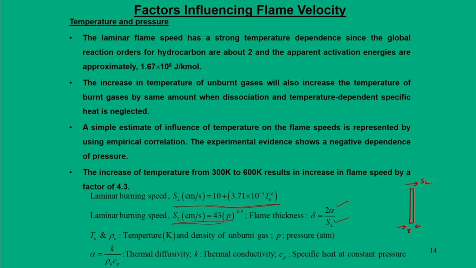So, SL depends on the temperature of unburnt gases and pressure, and delta depends on flame speed and thermal diffusivity. These simple relations are given through empirical correlations as shown in these equations.